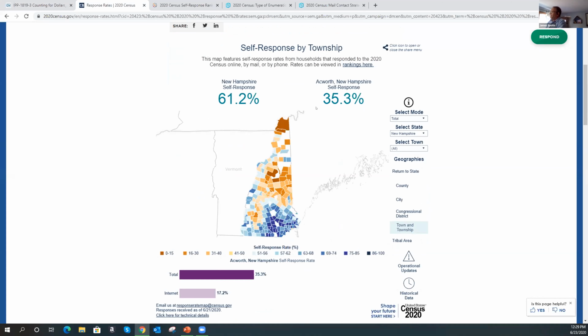Brown means a lower percentage of people have self-responded, and the darker the blue, the higher the percentage within that community. As you can see, we have some gaps in self-responses, and I'll present the analysis of this in a moment.